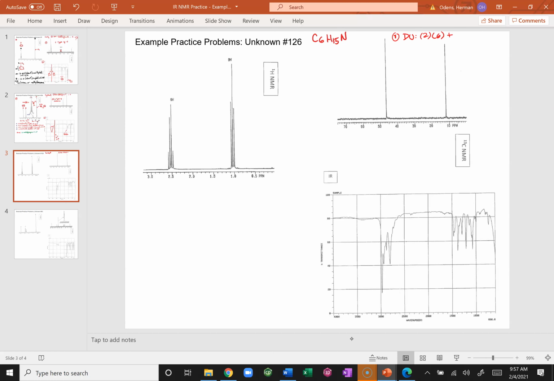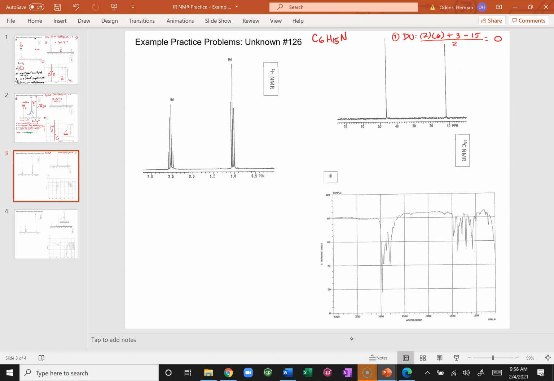If we have 3 nitrogens, we add 5. Plus 3 minus how many? 15. That's the number X, divided by 2. 2 times 6 is 12. 12 plus 3 is 15. 15 minus 15 is 0. All right, 0 unsaturations.